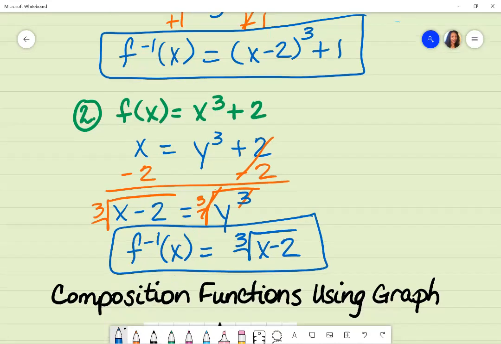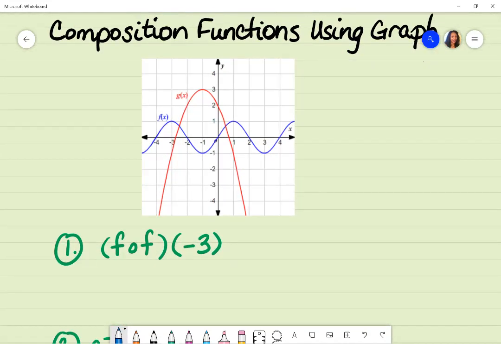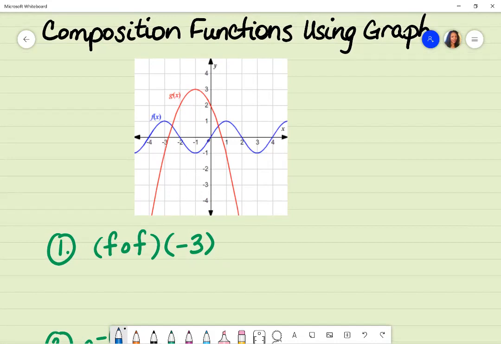That's that answer. All right, so now we have a graph, and we are following the directions for the composition functions. So what is that going to look like here? This is the same as saying f of negative 3. So what I'm doing is, remember, this represents x. So for my x on the f graph, I'm looking at negative 3.